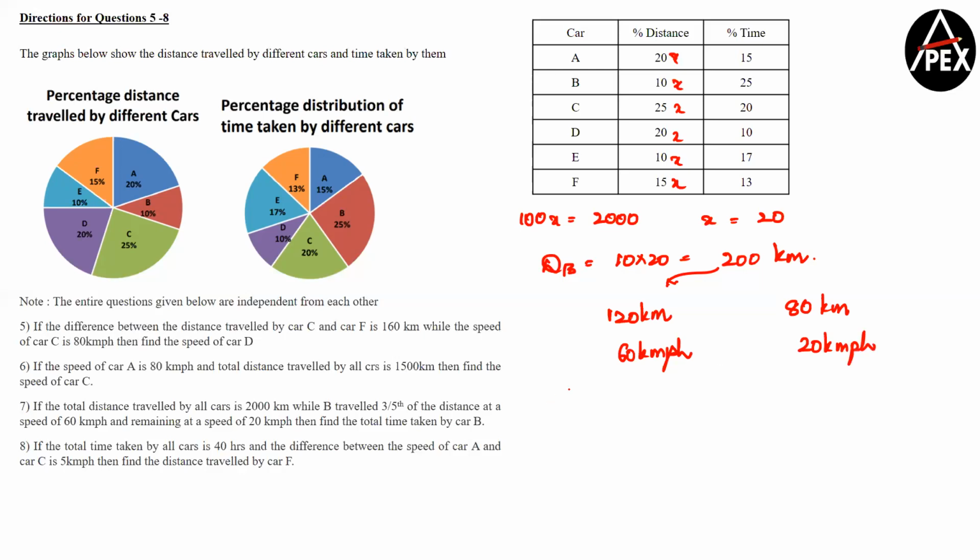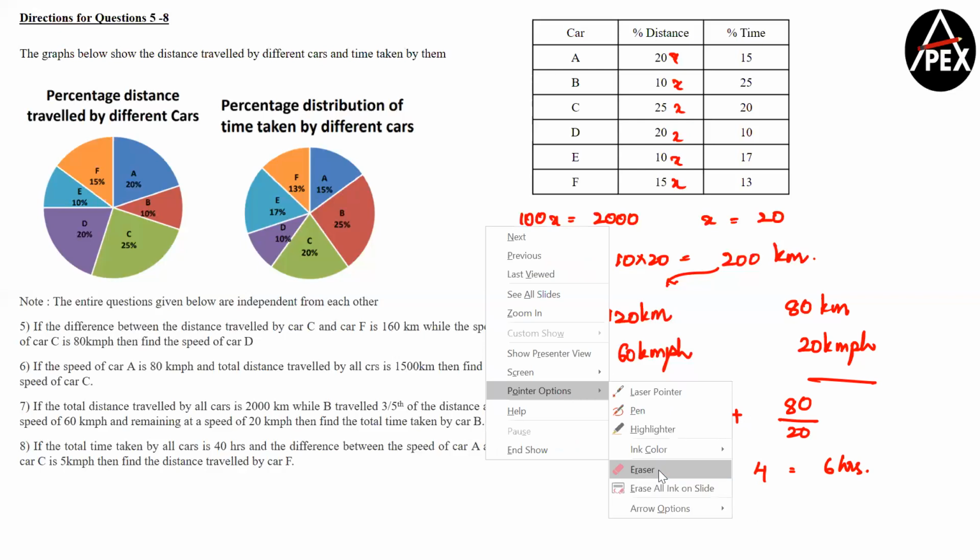So he is asking for total time. So total time will be equal to time taken to travel these 120 kilometers at the rate of 60 kmph, and time taken to travel these 80 kilometers at the rate of 20 kmph. So it will be 120 by 60 plus 80 by 20, which will be 2 plus 4. So total 6 hours. Clear? Yes.